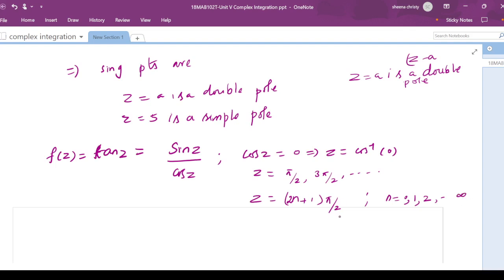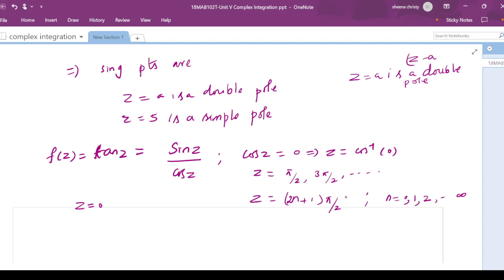Therefore, in this case of tan z, about the point z equal to 0, you are having only finite. At the point z equal to pi by 2, you are having 0. At the point z equal to 3 pi by 2, you are having 0.